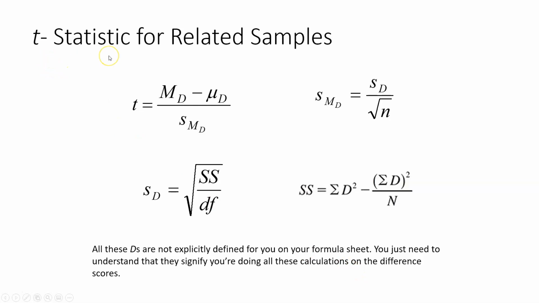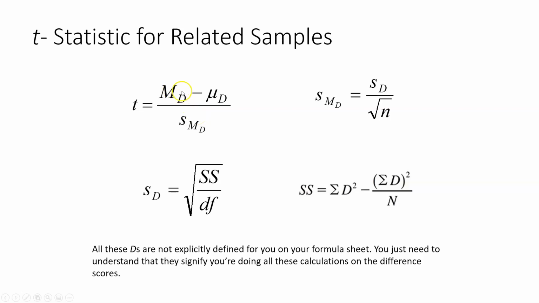The t-statistic for related samples t-tests is computed using these 4 formulas. These are not actually indicated in your formula sheet because they're exactly the same as the single sample t-test.